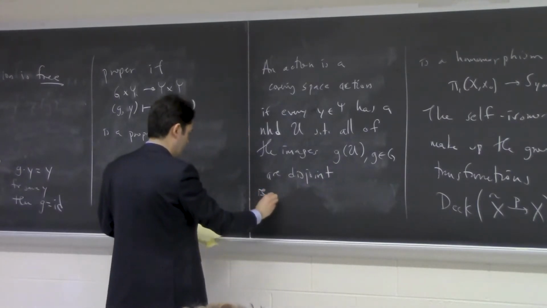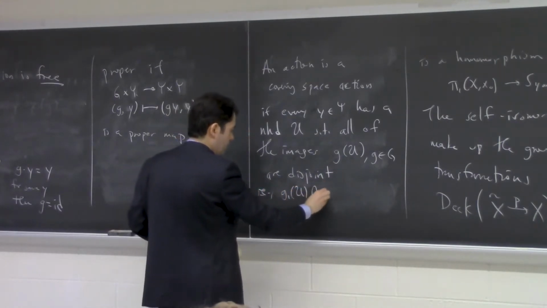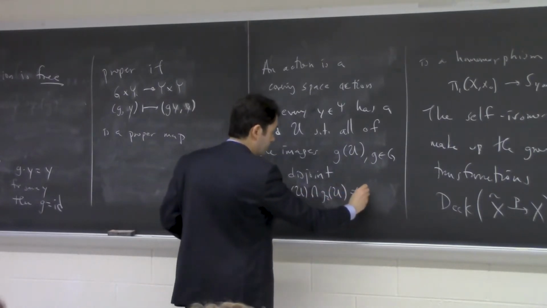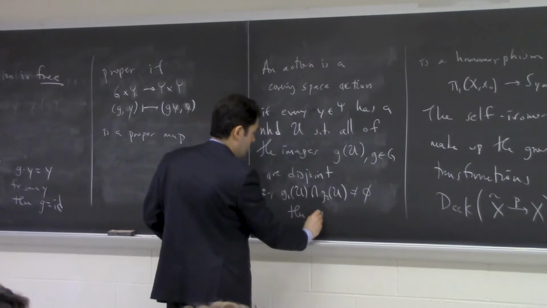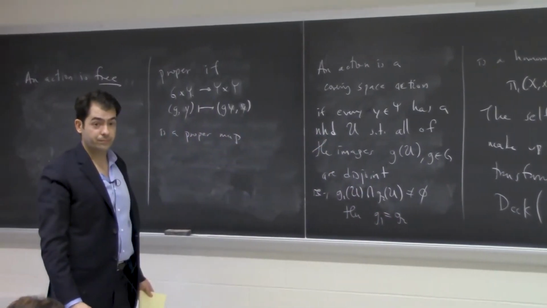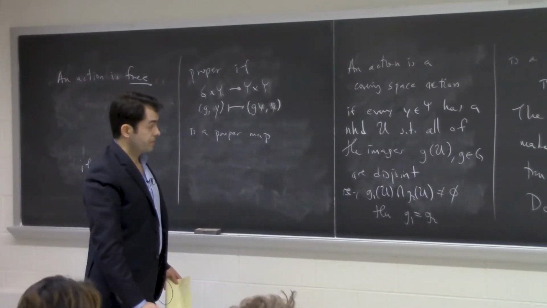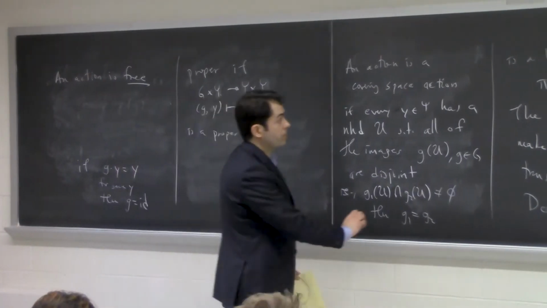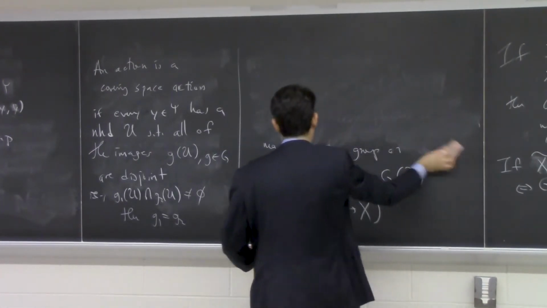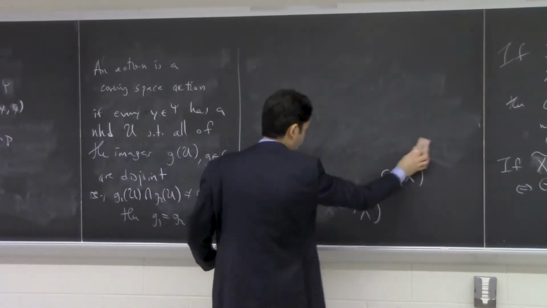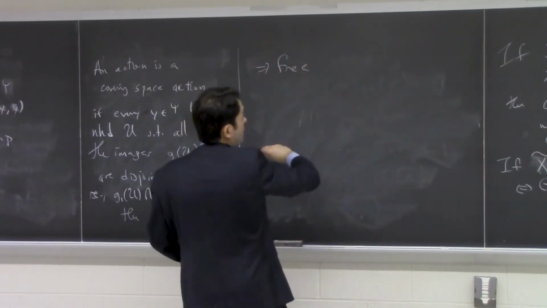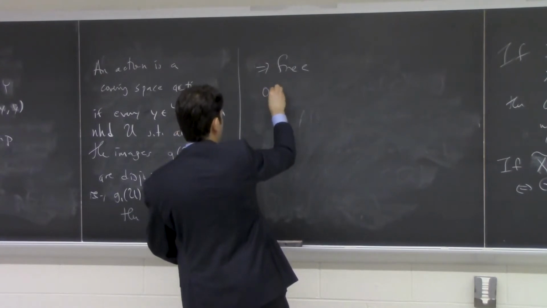Another way of saying that is that if g1 U intersect g2 U is not empty, then g1 is equal to g2. So this implies free. And if you like, this says that orbits don't accumulate.